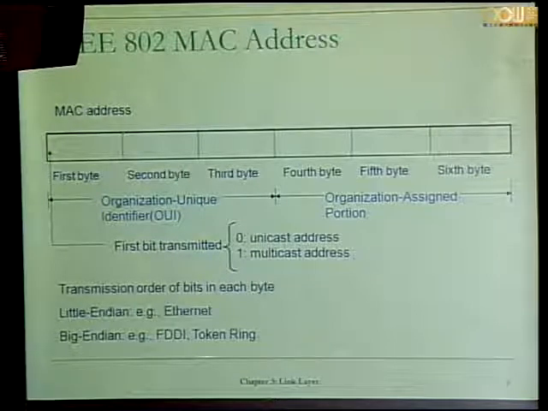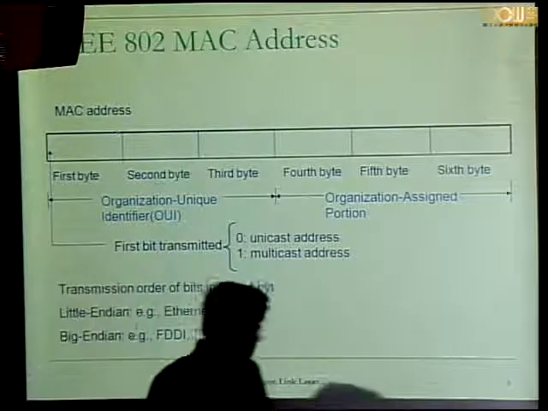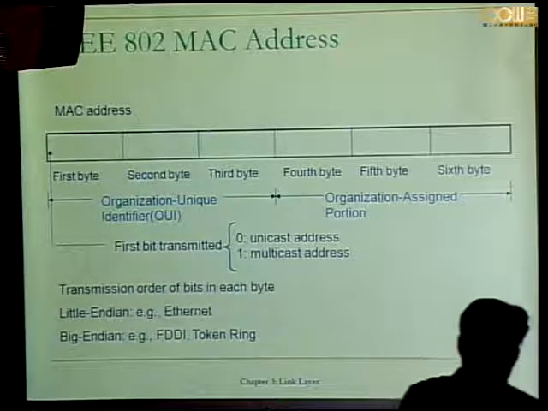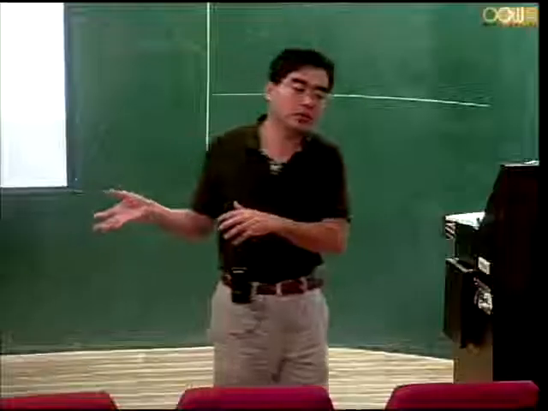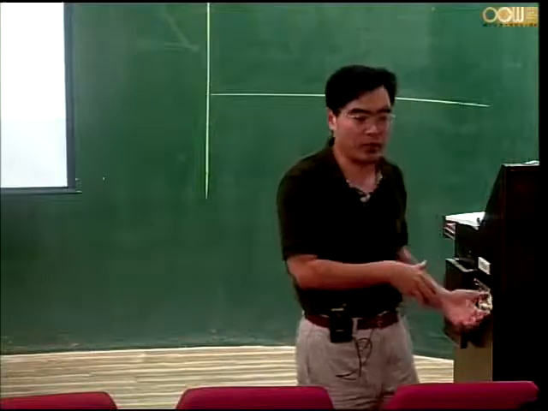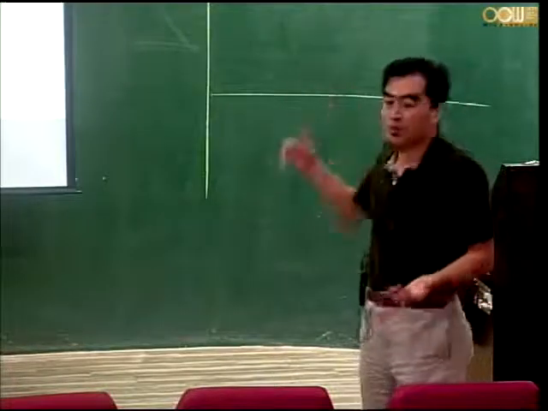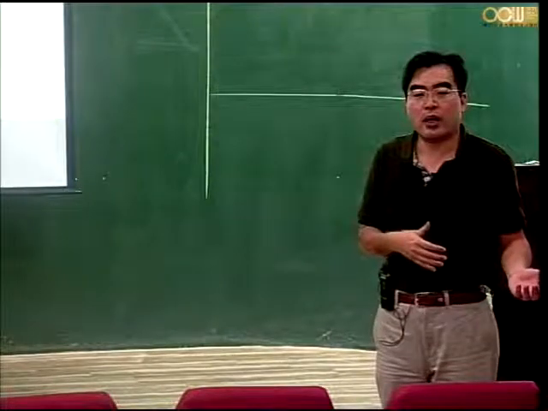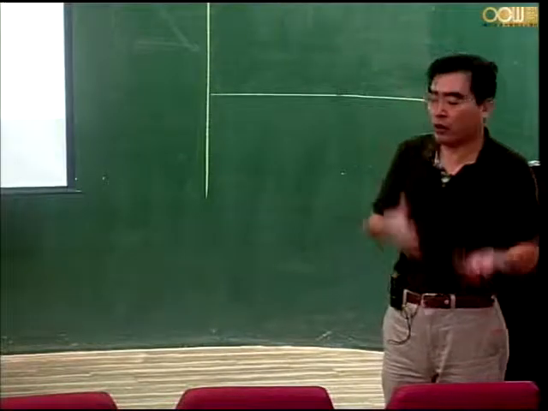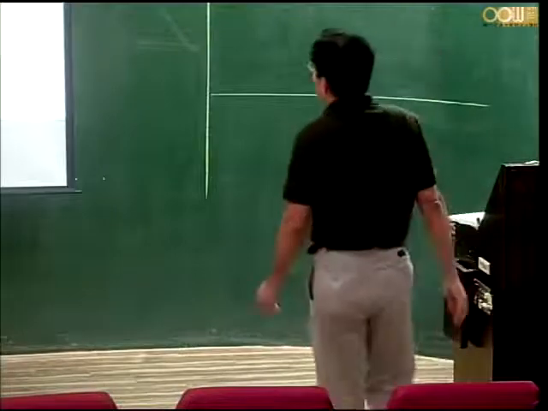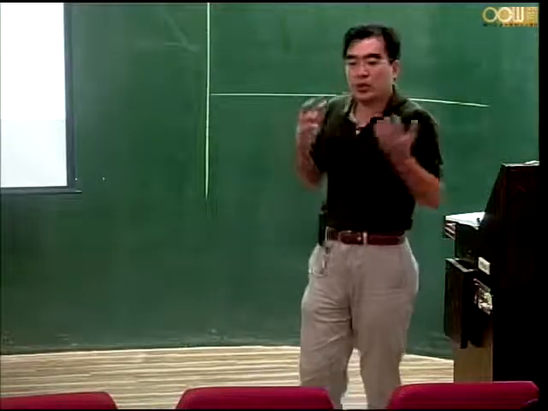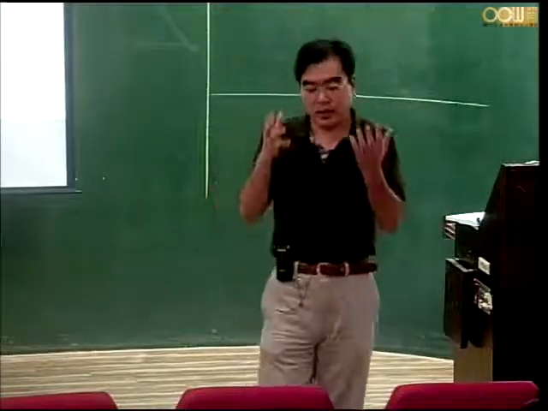And how about the host order? That's the order you transmit on the network. But what if you don't transmit, you store in the memory? When you store the 6 bytes in the memory, in what order are you going to store them? Here we don't talk about the bit order, we talk only about the byte order.